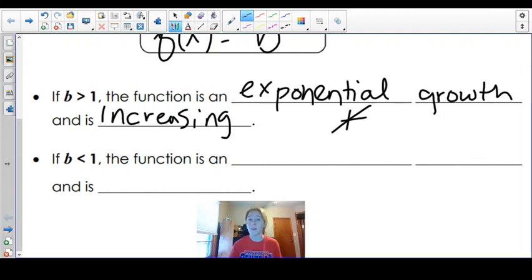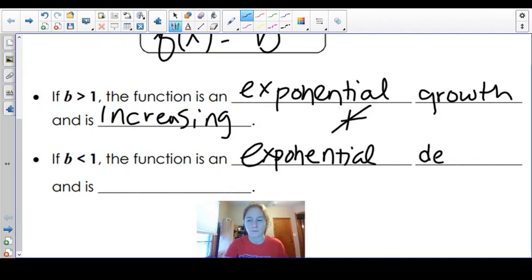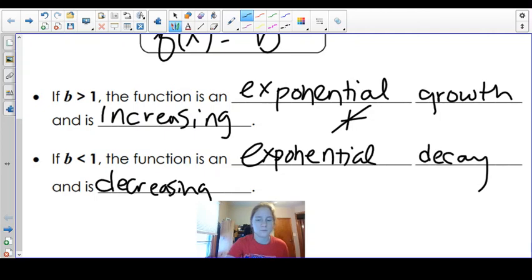It won't be a straight line, but it'll still be going in a positive fashion. Oppositely, if it is less than 1, it's considered to be an exponential decay, and is considered to be decreasing, which would look in a negative fashion.